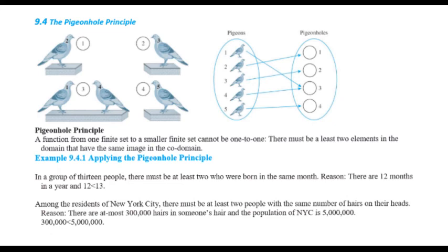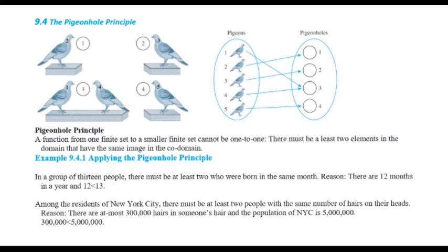In fact, each pigeon chooses one pigeonhole, correct? So in this case, since the number of pigeons is more than the number of pigeonholes, there should be one pigeonhole that more than one pigeon selects.